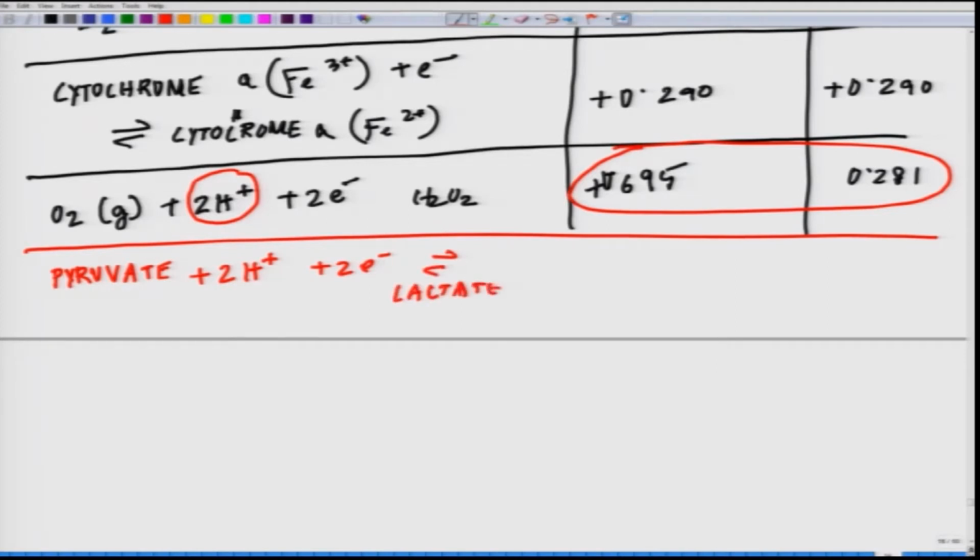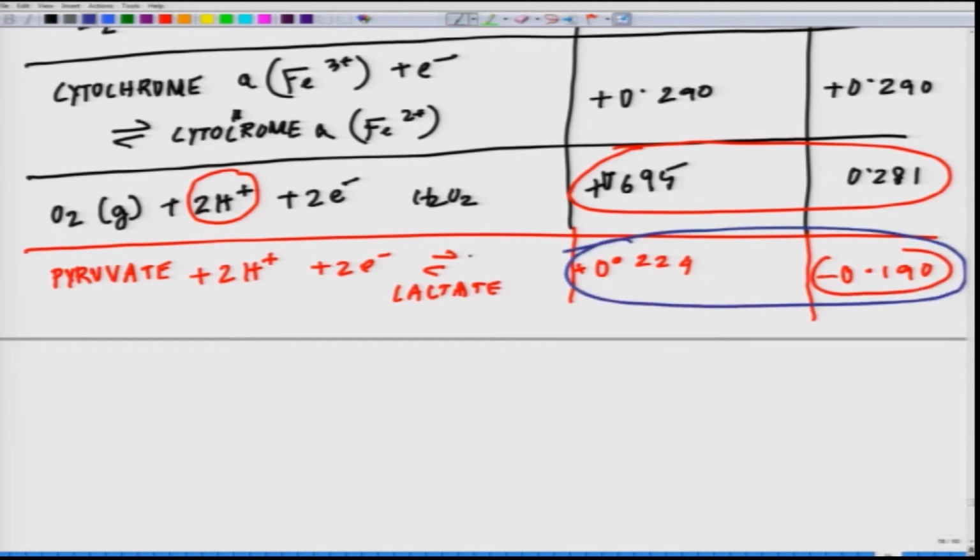Now, if you look at this reaction, pyruvate to lactate under standard reduction potential, it is plus 0.224, whereas if you use the E0 prime value, it will be a negative value. Now, look at this one, the difference. So, what I mean, I will give you the list of all these things.